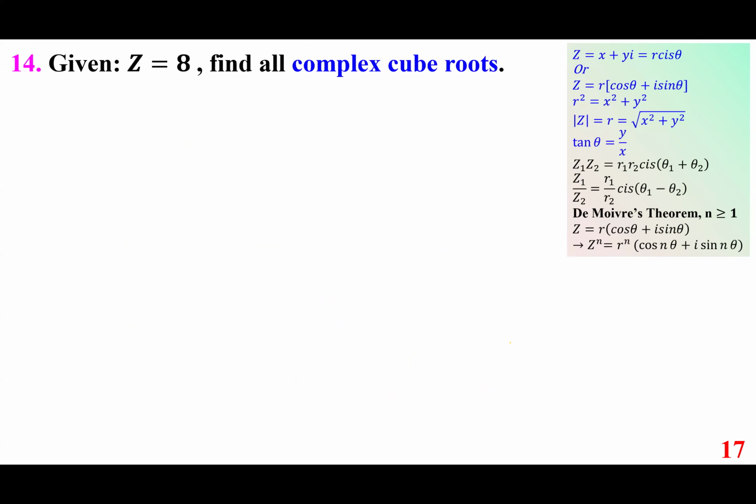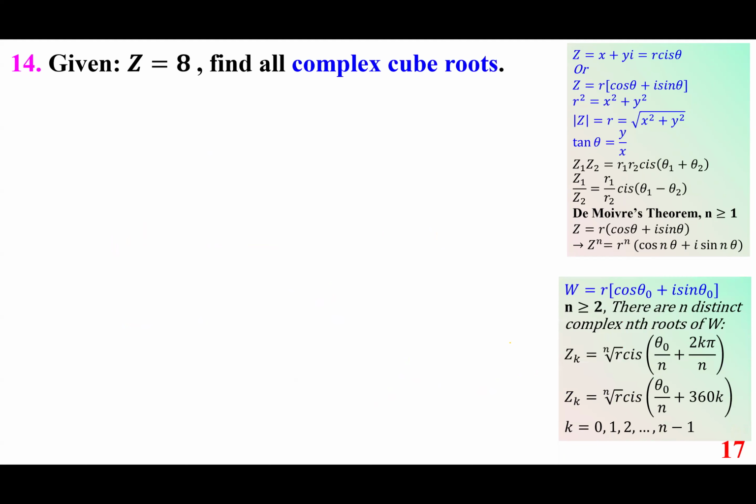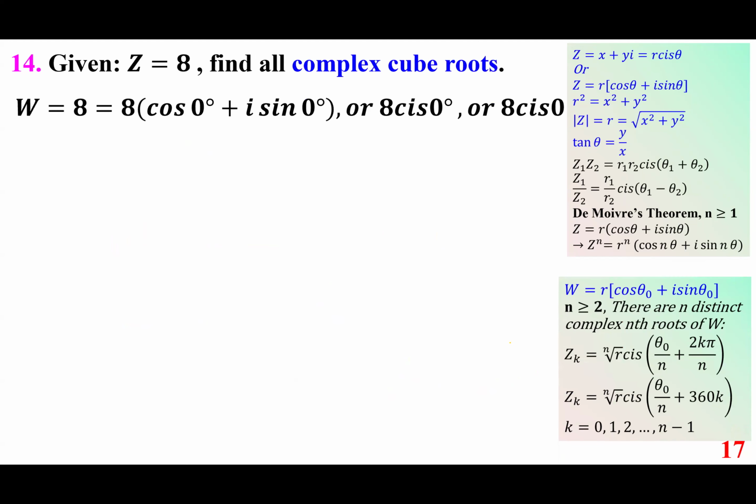z equals 8, find all complex cube roots. 8 is 8 cis 0. I'm going to discuss that in a moment, but first I want to discuss the following. If the number is positive, for example 8, it becomes cis 0.